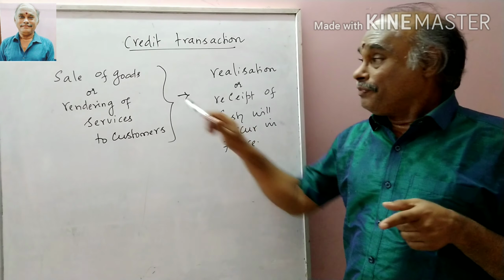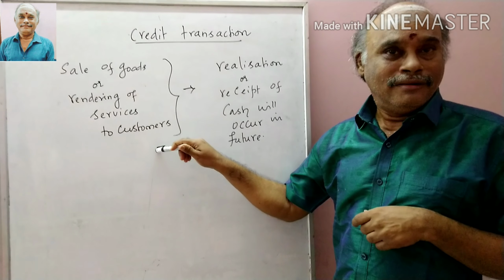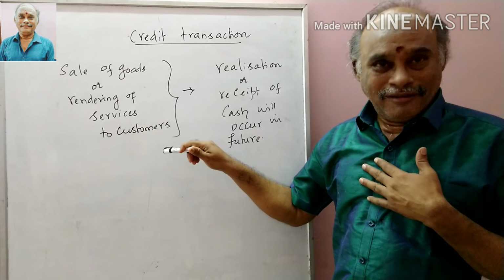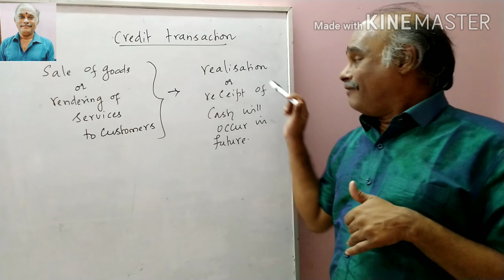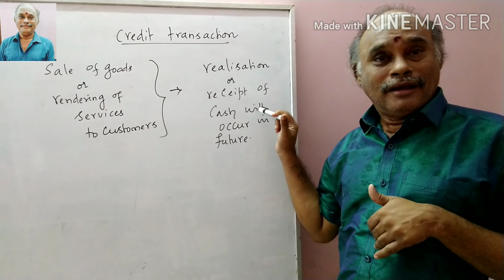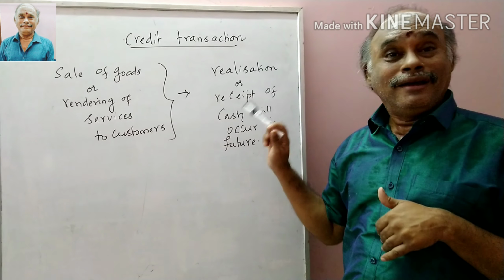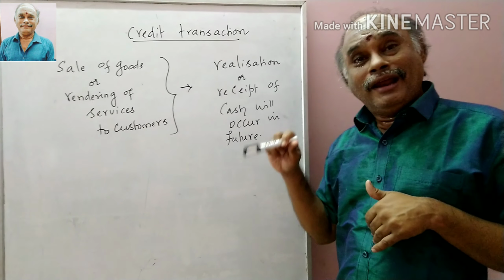Here we have done our promise. One party has performed, that is we, the businessman or the trader who is accounting the books. Whereas the customer, the other party, will perform his promise only on a later date. That means he will make the payment only on a later date.